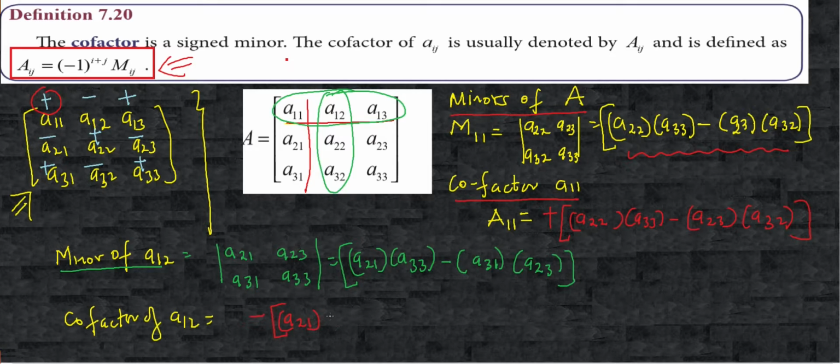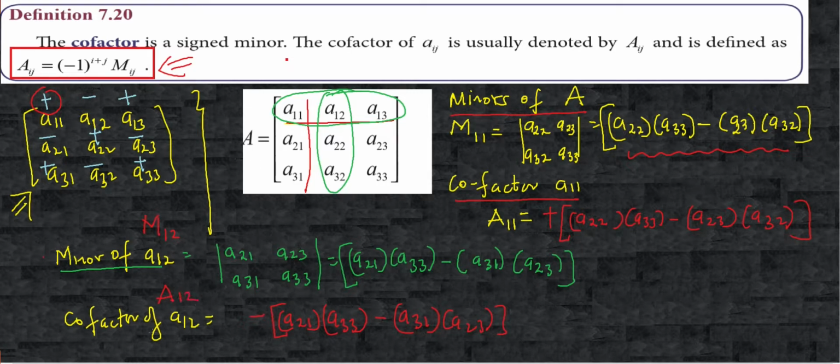That's going to be A21 times A33, minus A31 times A23. So this is how you obtain the minors and cofactors. Of course, the representation for minor is M, in this case M12, and for cofactor it's going to be capital A12.